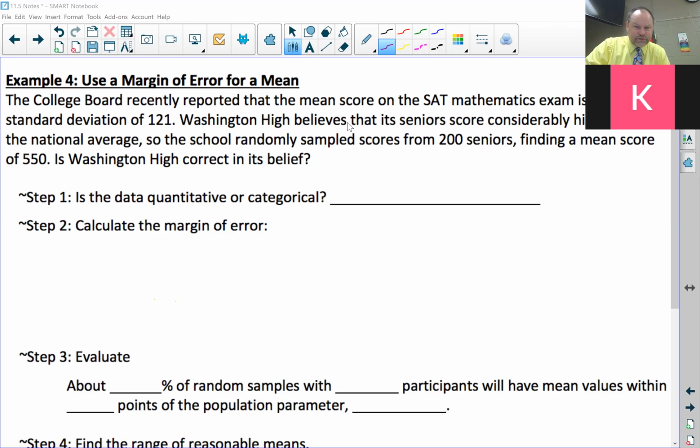Use Q for quantitative and C for categorical.